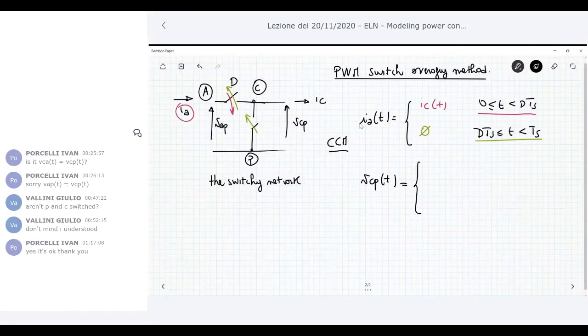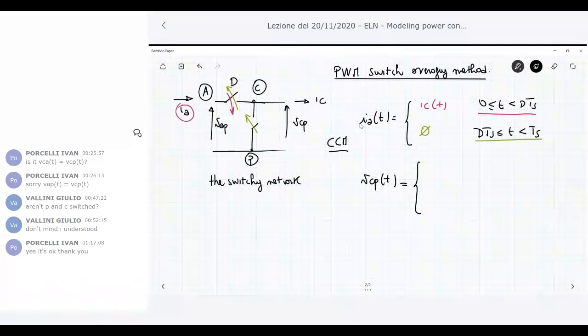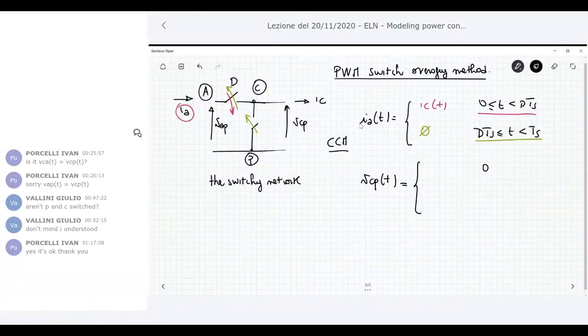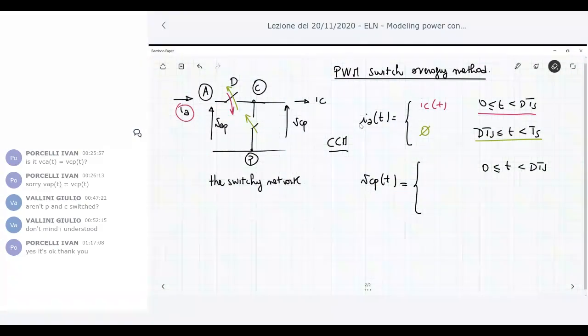Again, 2 different values because we are reasoning in CCM, so we have 2 different time intervals in which the behavior is not time variant. For the time interval T on, the switch is closed, and so VAP is the same as VCP.